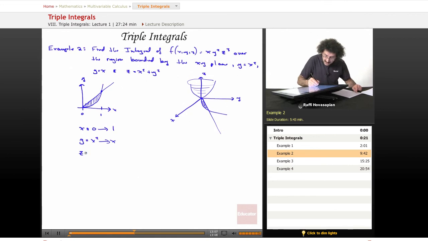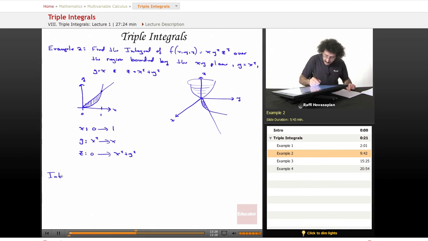And z, these are not equal signs, these are colons. Z is going to go from 0, because it's bounded by the xy plane, all the way up to x squared plus y squared. So there you go.